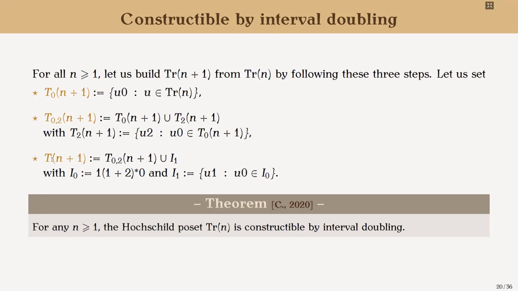The third step is a little more complicated. It's just to take the union of T0 and T2, and add a copy of an interval of T0 called I0, which is all triwords of this form: starting by 1, then having 1 or 2 as letter, repeated a number of times, and ending by 0.